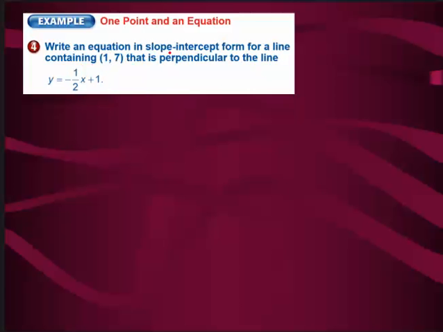Write an equation in slope-intercept form for the line containing 1, 7 that is perpendicular to line y equals negative 1/2 x plus 1. So slope-intercept form, again, is y equals mx plus b. I start off with my formula so I can identify the parts that I need to know. I need to know my slope.